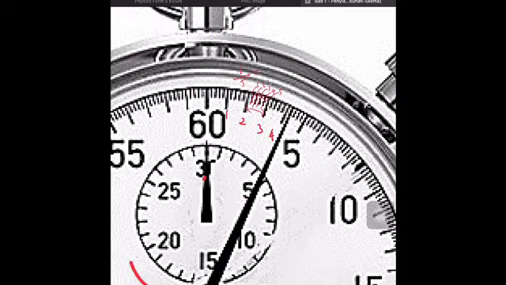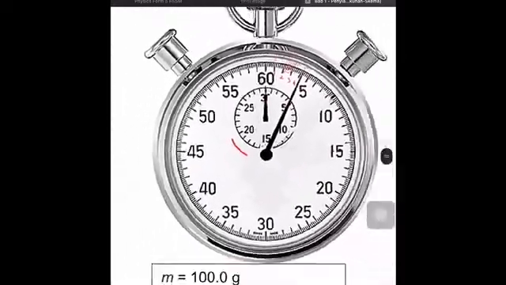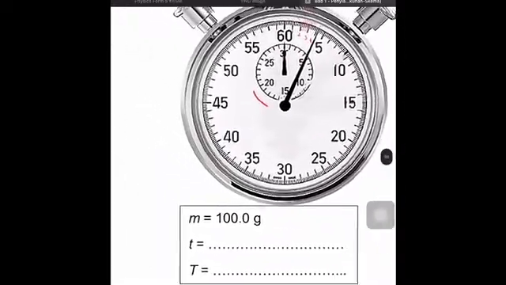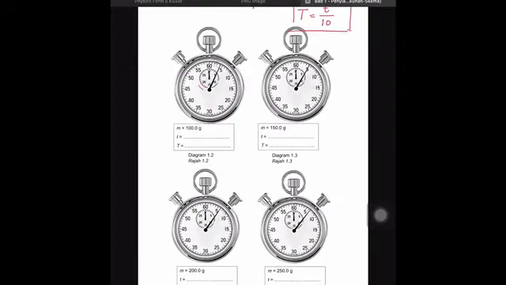So the small one will be 0.2. So the first one is 0.2, so 4.2. Clear? Okay, so here should be your 4.2 second. The unit must be there since the sensitivity is only one decimal place.